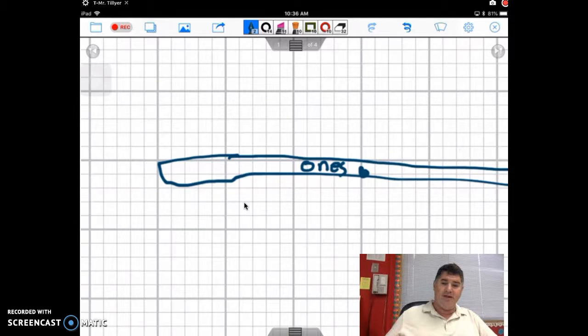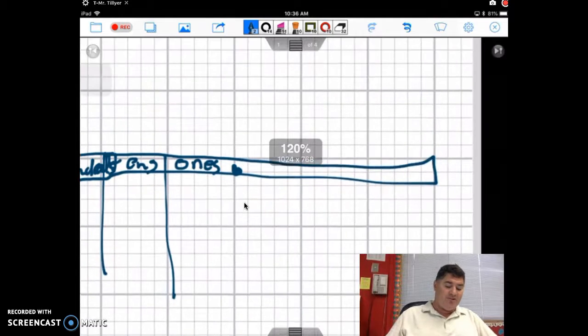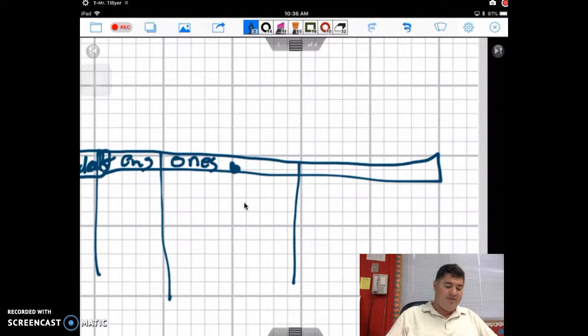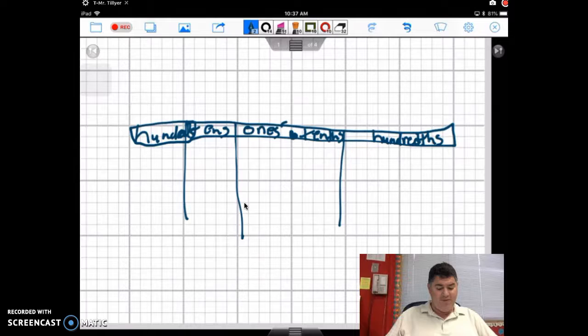Going this way, as you guys know, it's tens and then hundreds, and then going the other direction, it's tenths and hundredths. A little bit messy, but I think you guys can get the picture there.